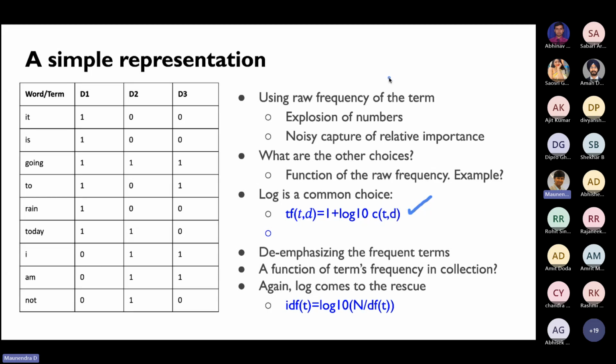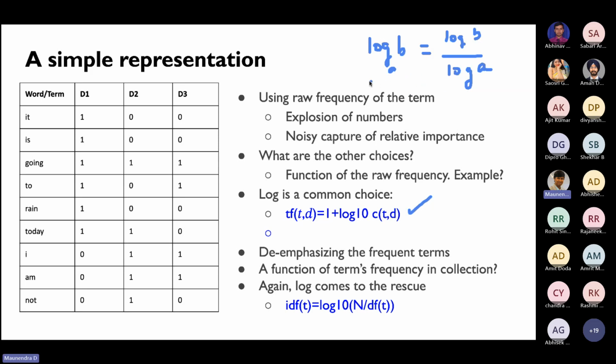But as you know, log b to the base a is equal to log b by log a, right? Now, instead of 10, if you want to use any a, you can very easily see that the result will be nothing but a scalar multiplied by this log 10 value.